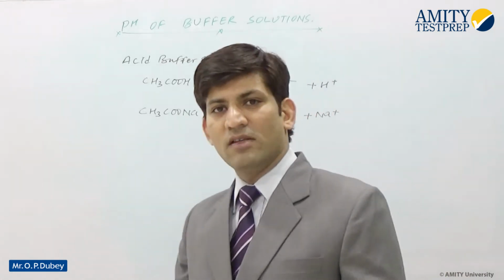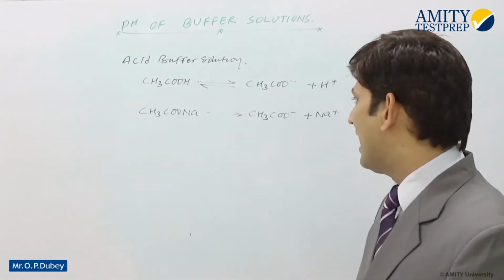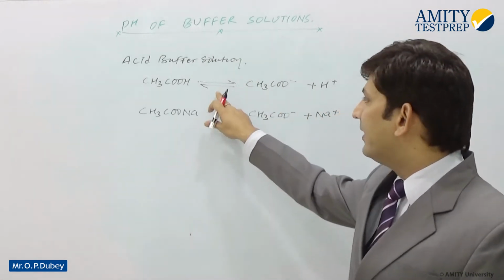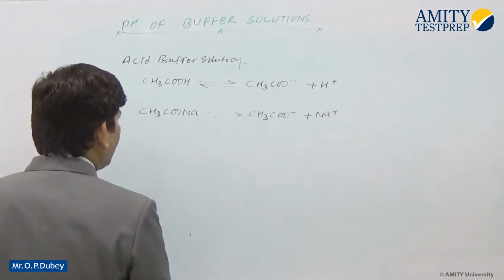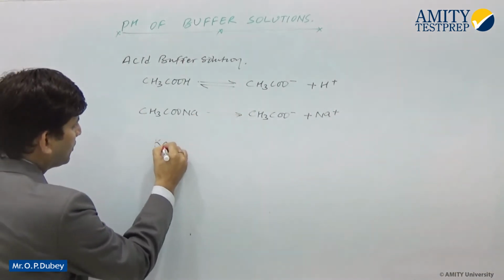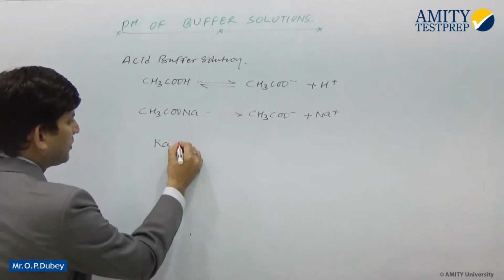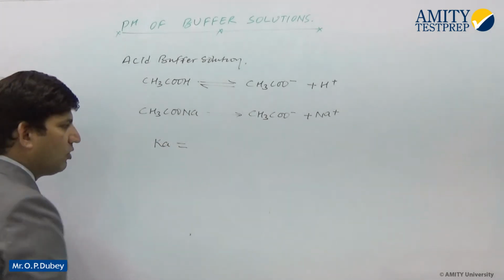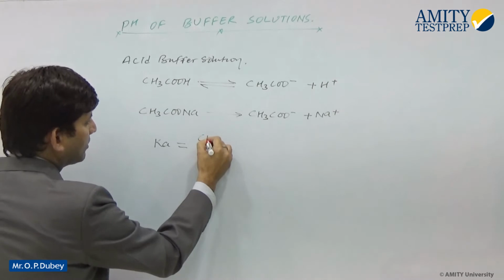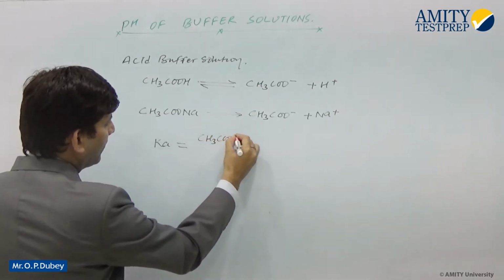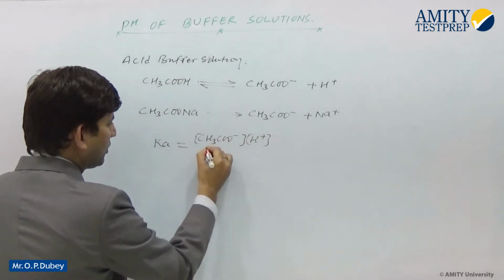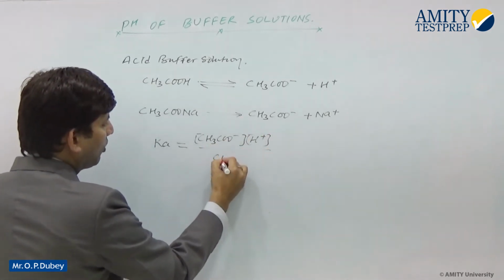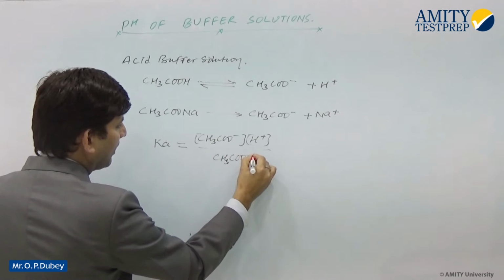Now the H plus ion concentration in the mixture is calculated from the acid equilibria. From this equation we can write the dissociation constant for this acid equilibrium, and K is the concentration of the acetate ion multiplied by the concentration of H plus ion upon the concentration of acetic acid.